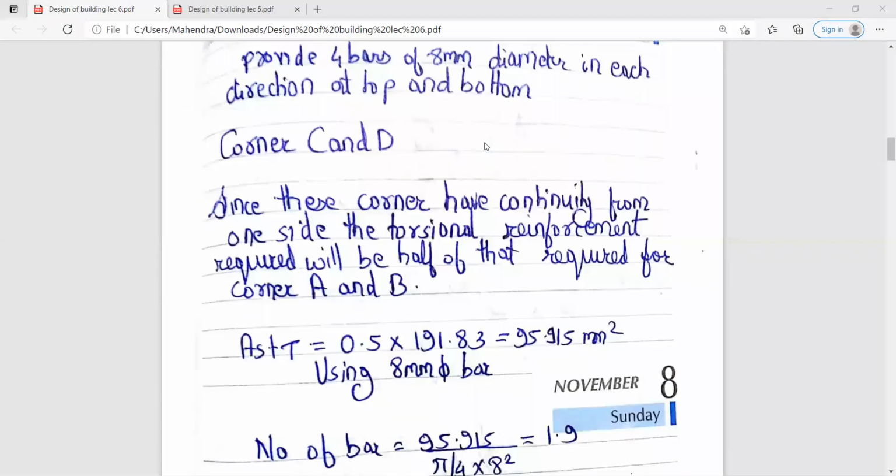Because the continuity is there from one side.